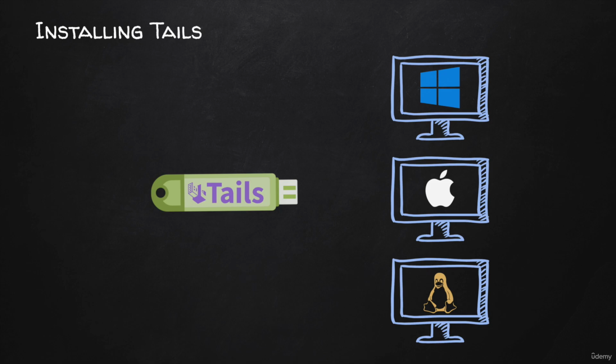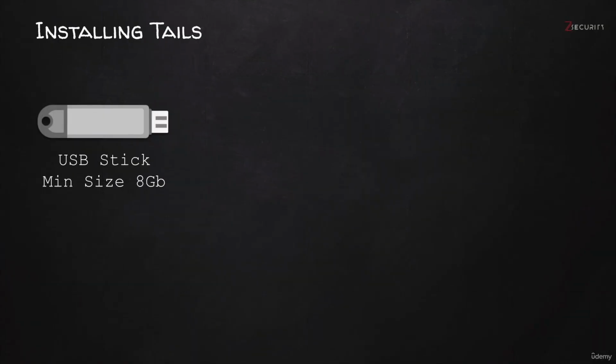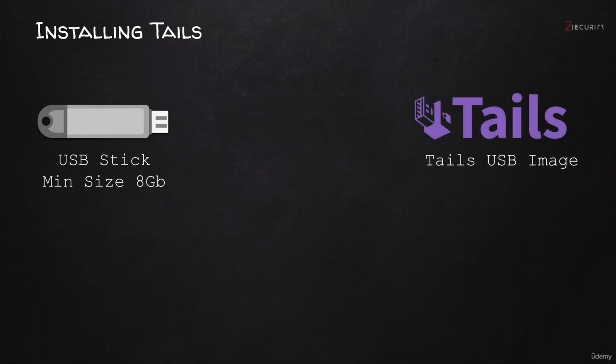So, in order to install Tails on a USB stick, obviously the first requirement is you'll need a USB stick. Now this USB stick needs to have a minimum size of 8 GB. The next thing that we'll need is the Tails image. I'm going to include its download link in the resources of this lecture.